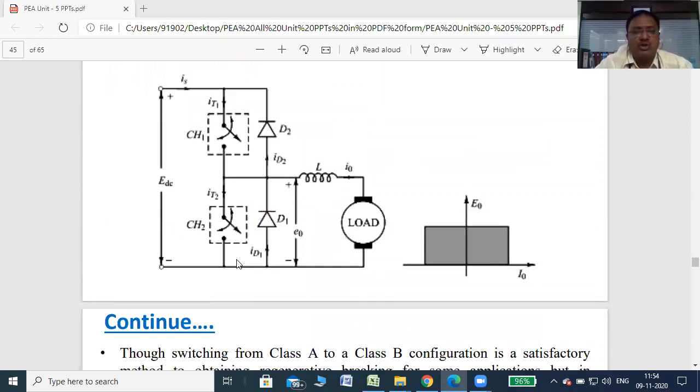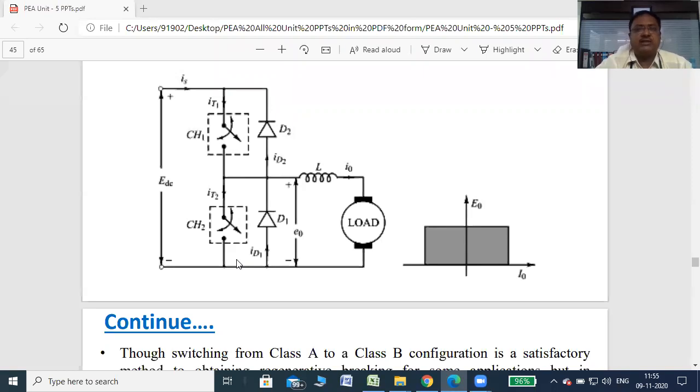In this two quadrant chopper, you can see we are using two choppers or two switches. Again, the switches are definitely SCRs. If SCRs are used in a circuit, then a triggering circuit, a protection circuit, and even a commutation circuit are also required.